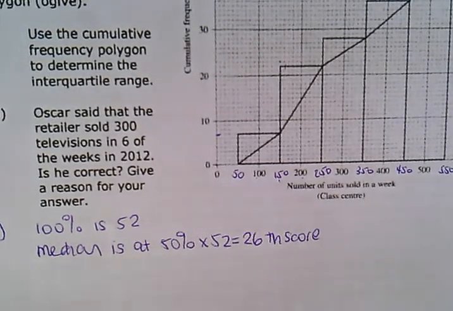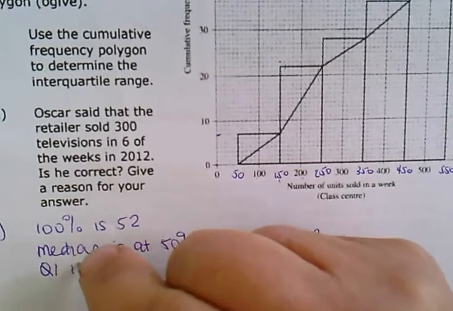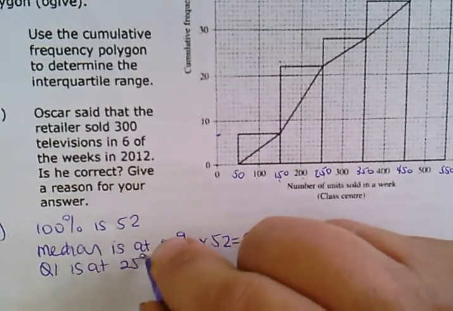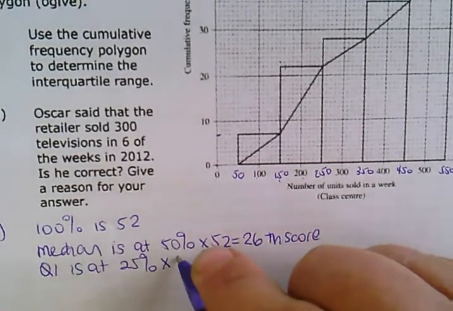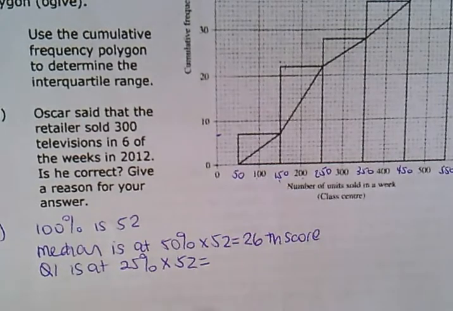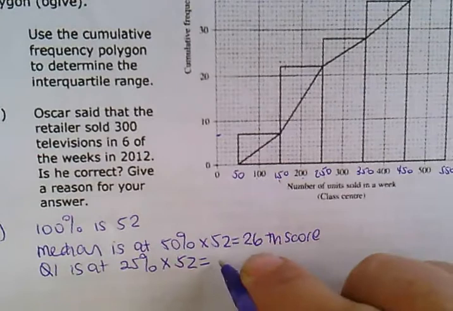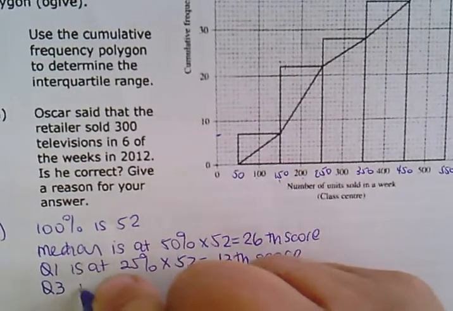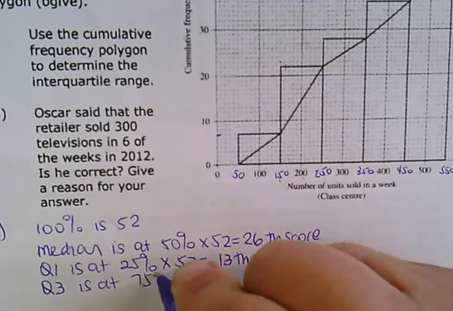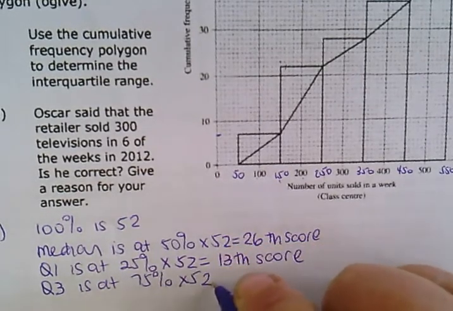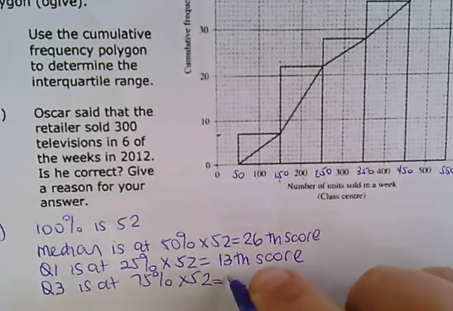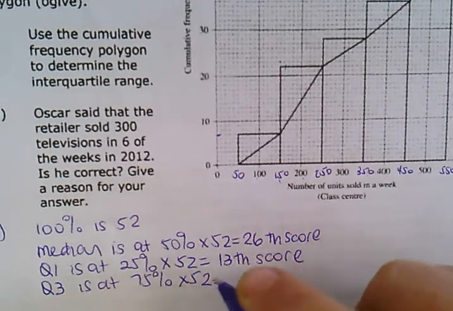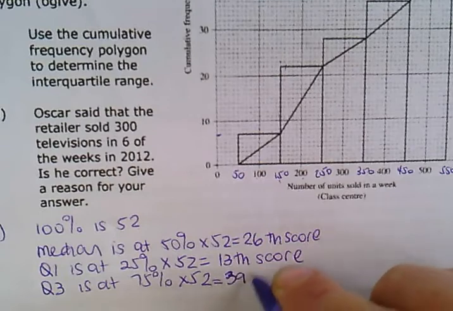Do we get it? The Q1 is at 25% of 52. So it's a quarter of, or you can halve the 26. A quarter of 52 is the 13th score. And Q3 is at the 75% mark of 52. If you do 75% of 52 or 3/4 of 52, that would be the 39th score.